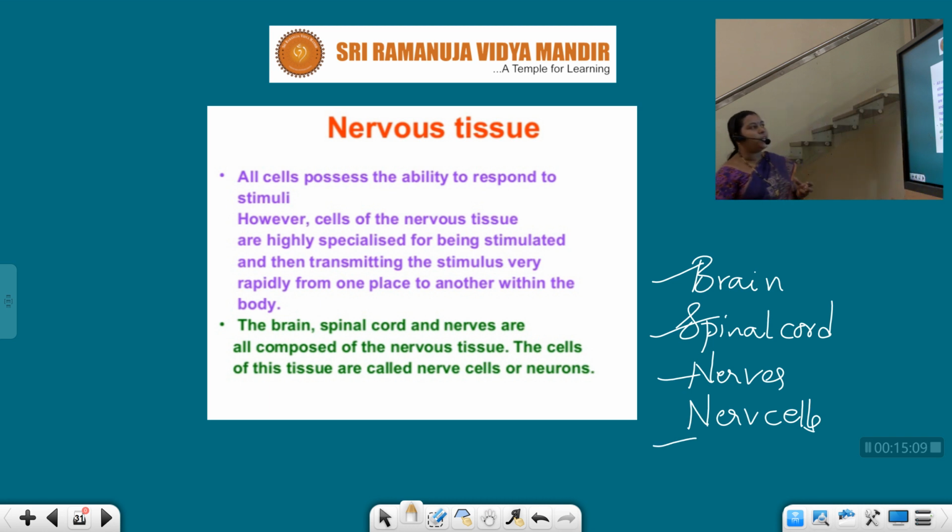All the cells possess the ability to respond to the stimuli. See, as we are animals, as we are living cells, we have the ability of responding towards the stimuli. Stimuli may be physical or chemical. Okay, so I said we are having 5 sense organs like ears, nose, eyes, tongue and the skin.